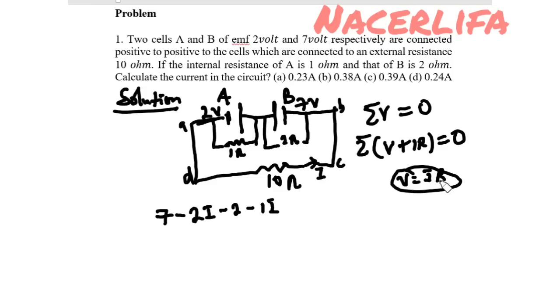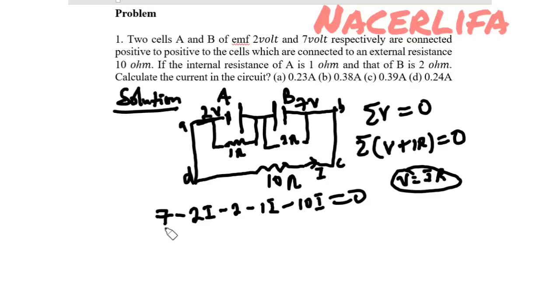The resistance here is 1 ohm and the same current flows. Meeting this resistor again, still in the direction of the current, you have minus 10I. And everything should equal 0. This is the law of conservation of energy.